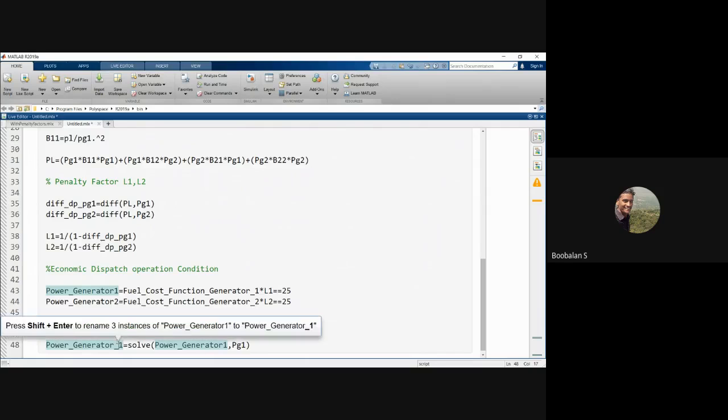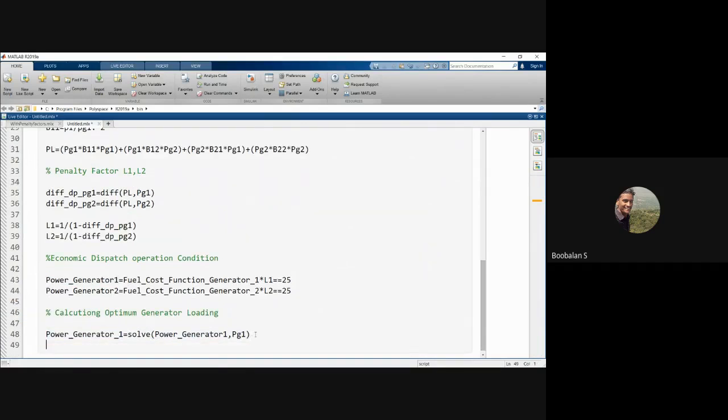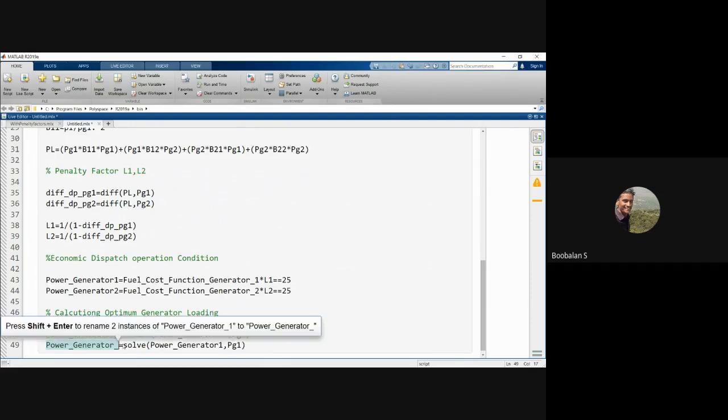I need to create a different variable. The same way, for the second, copy and paste power generator 2 and pg2.